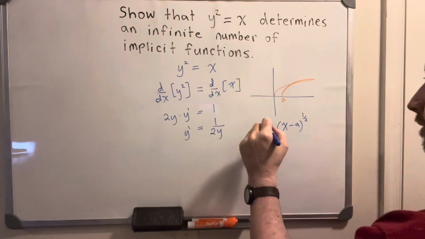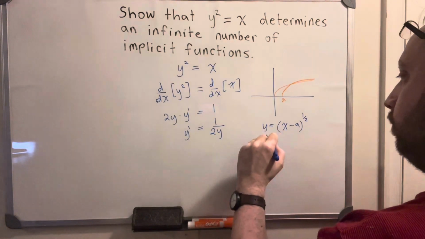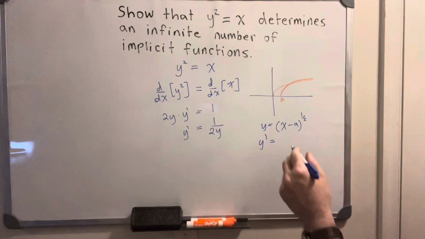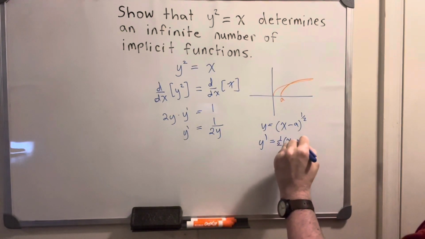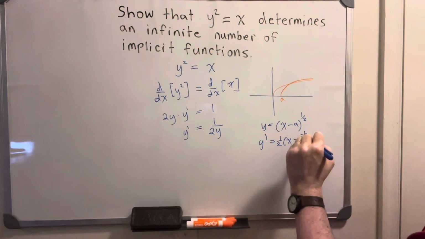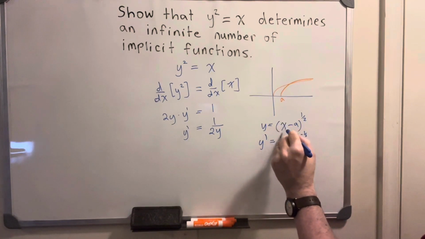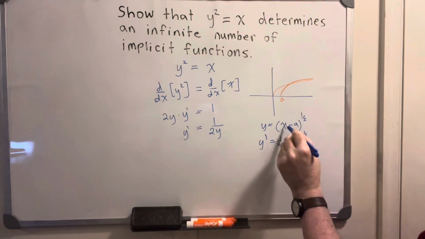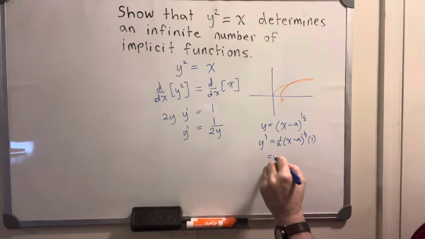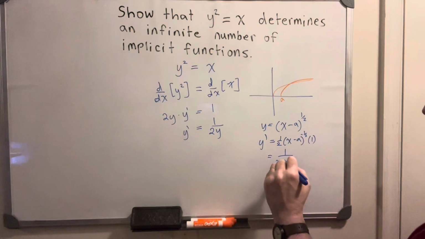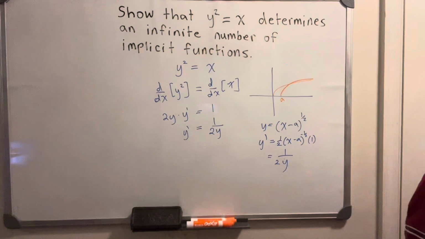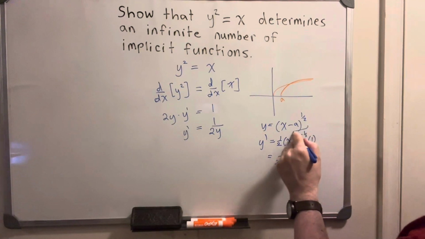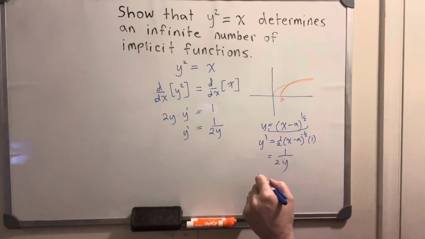What's the derivative? If this were y, then y prime would be what? Would this be 1/2 x minus a to the negative 1/2? What's the derivative of x minus a? It would be just 1, right? So this would also be 1 over 2y. And as we can tell, there's an infinite number of these.